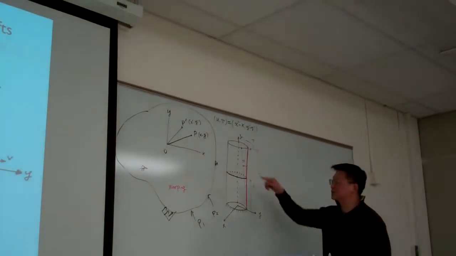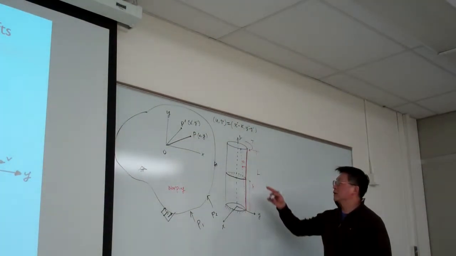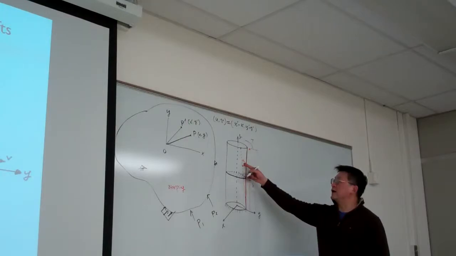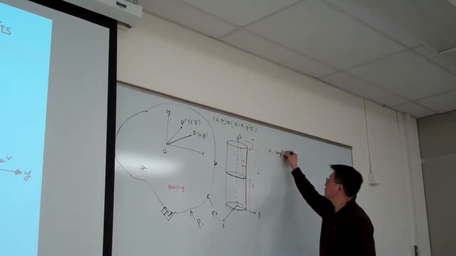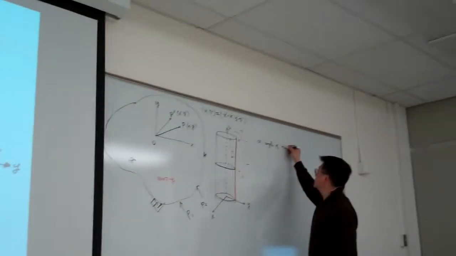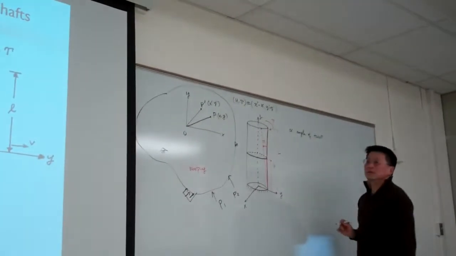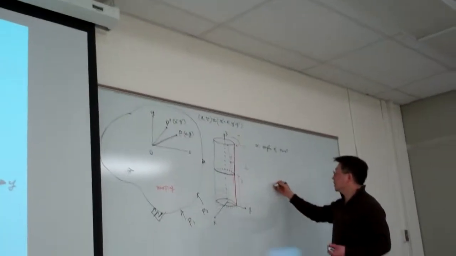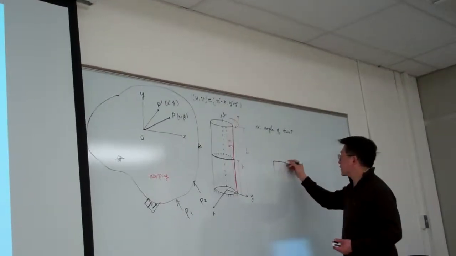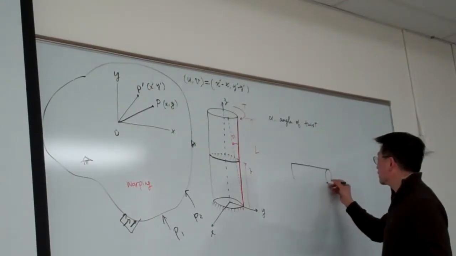Let me utilize this as an example here. And for alpha, that is the angle of twist. The angle of twist basically is this. If we have the shaft, let me put it into another viewpoint.